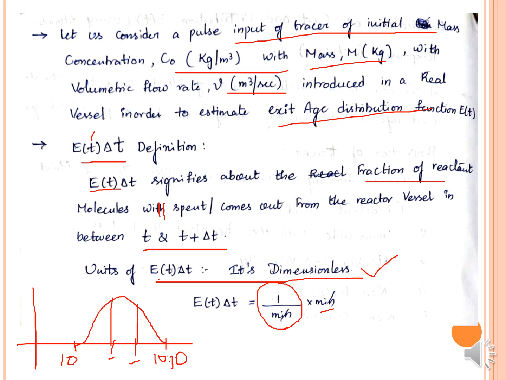It is the area under the curve between 10:15 and 10:20. Between 10 and 10:30, the entire amount of material comes out from my reactor, but within this interval, it is the integral of this curve. That is what E of t delta t is.